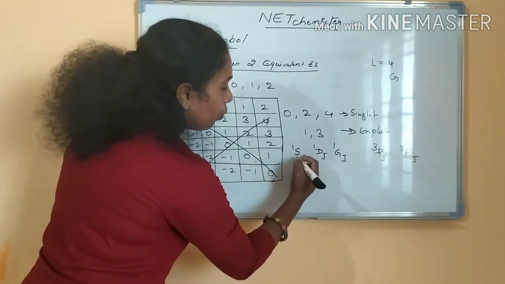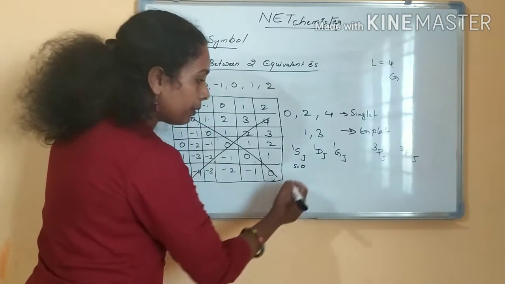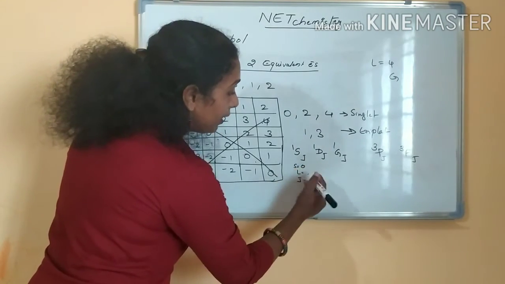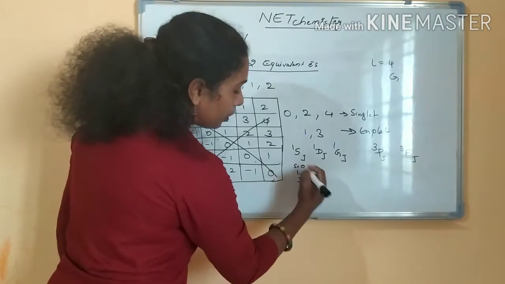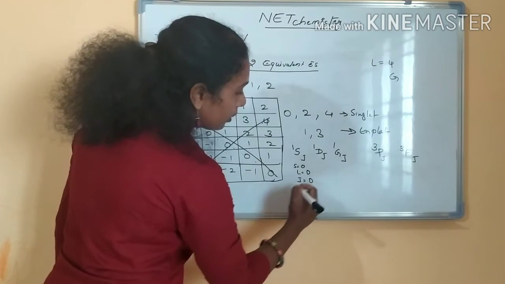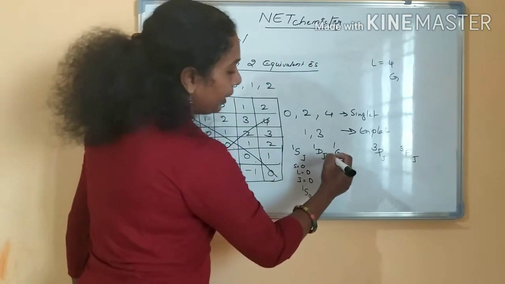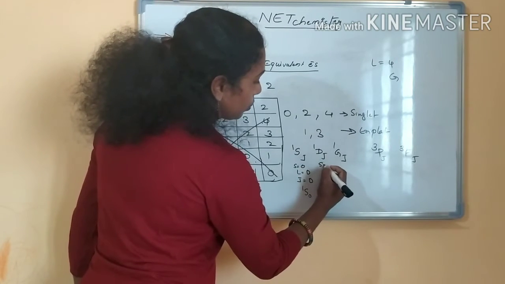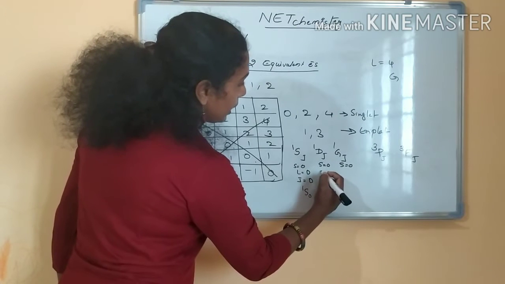For 1S, what is the S value? Spin value is equal to 0, and L value is equal to 0. So what J value will you get? 0, right? So 1S0. And for 1D, S is equal to 0 here, since everywhere singlet state means S equal to 0. What is the L value?